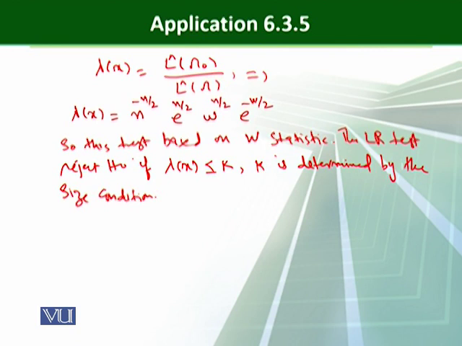So that is n raised to power minus n by 2, e raised to power n by 2, W raised to power n by 2, e raised to power minus W over 2, less than or equal to k.